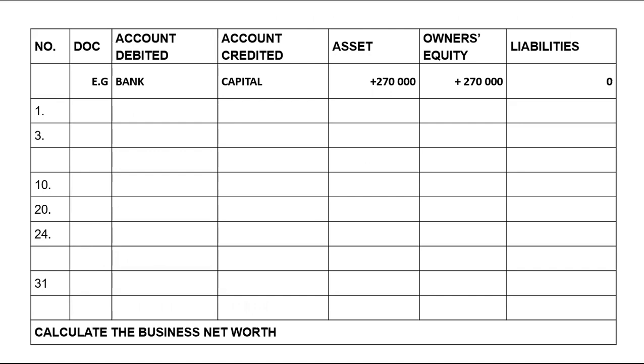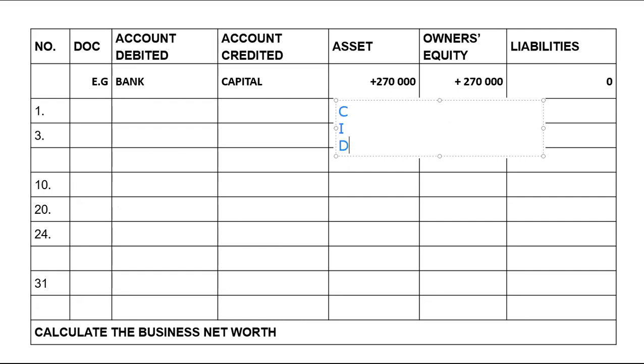Before I can even start, I just want to state what affects owner's equity. I normally abbreviate it as CIDE, which is side.